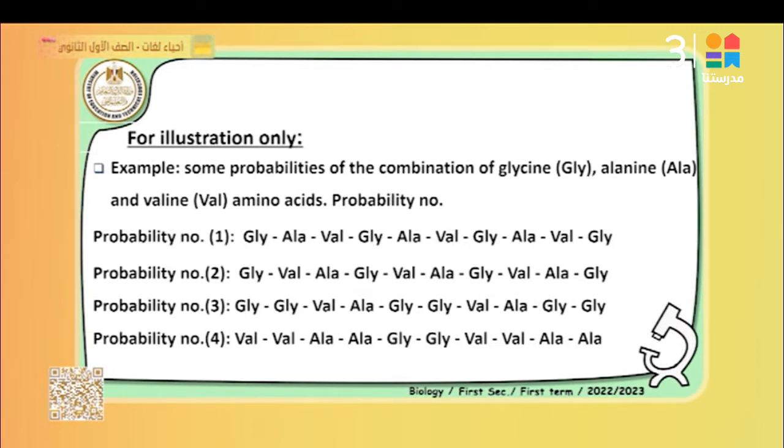Possibility number 2: glycine, valine, alanine, glycine, valine, alanine, glycine, valine, alanine, glycine. Possibility number 3, changing the sequence: glycine, glycine, valine, alanine, glycine, glycine, valine, alanine, glycine, glycine. The last, possibility number 4: valine, valine, alanine, alanine, glycine, glycine, valine, valine, alanine, glycine. So we can obtain a large number of proteins.